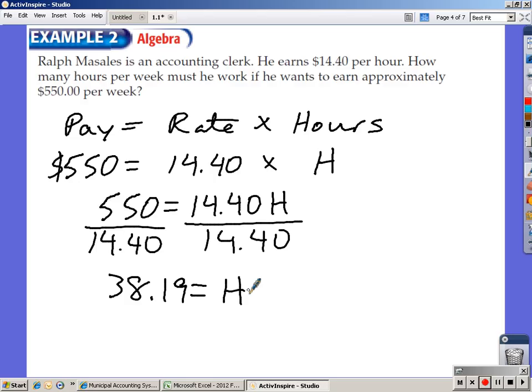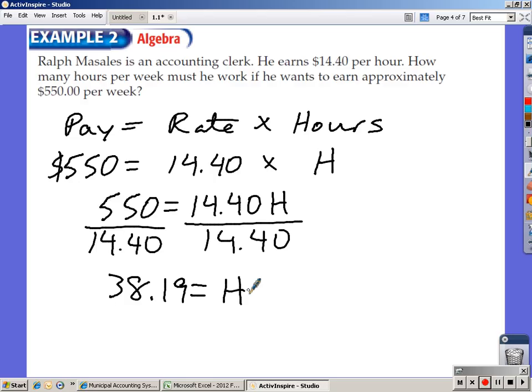Most employers do not go by 0.19 hours. This is essentially saying that he works 38.19 hours. In order for him to make about $550, you've got to round it to the nearest 15 minutes. And on this scale, 15 minutes is a quarter of an hour, right?